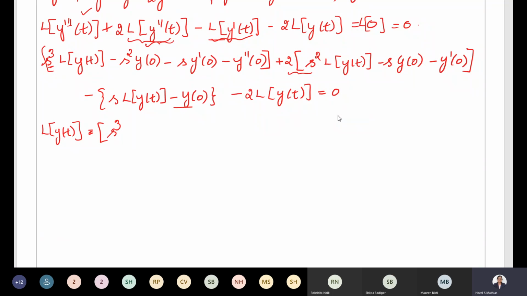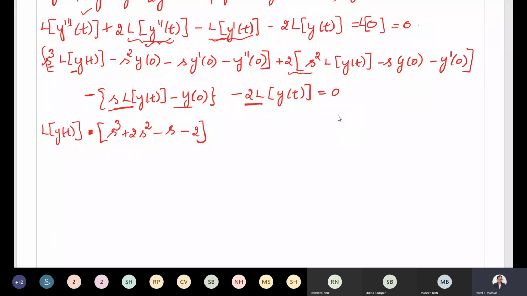Then see, the negative sign is also there, it is minus s. Then the coefficient is minus 2. Is it clear, everybody? I have taken the coefficients of Laplace transform of y of t: s cube, then 2s square, then minus s and minus 2.